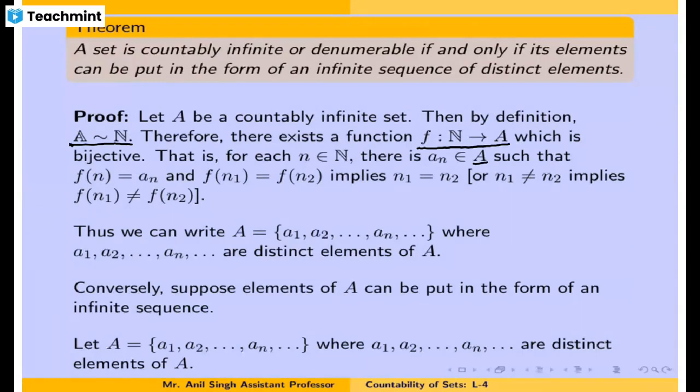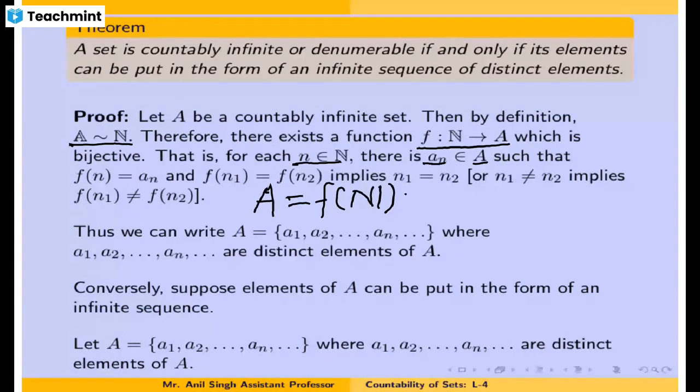So for each element there is a corresponding image, for which we give a notation. Since this function is onto, A is the full range of this function. This is f of n.